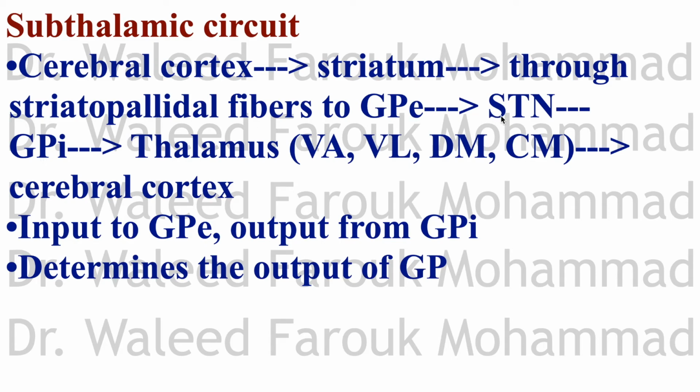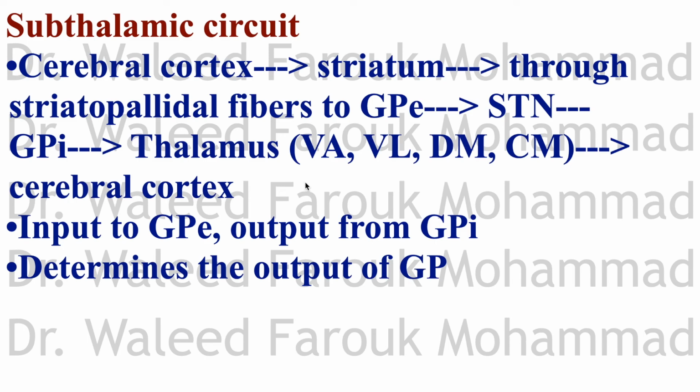See, the subthalamic nucleus is midway between the receipt of fibers at the globus pallidus externum and the outflow from the globus pallidus internum. This means that the subthalamic nucleus modifies the activity of the globus pallidus as a whole. And from the internum to the thalamus, to the ventrolateral or ventroanterior and mediodorsal or dorsomedial and centromedial nucleus of the thalamus, and from there back to the cerebral cortex.